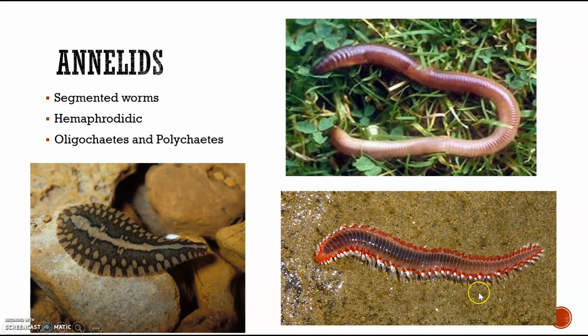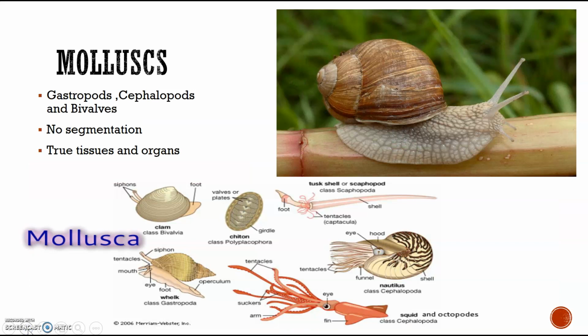You can see they're still a segmented worm, but they have these parapoda, these little extensions on each segment that help them to swim or move through sediments, that sort of thing. Most of these guys are hermaphroditic, meaning that each will have both sexes, both male and female, and so they will mate and both will end up fertilizing the eggs of the other.